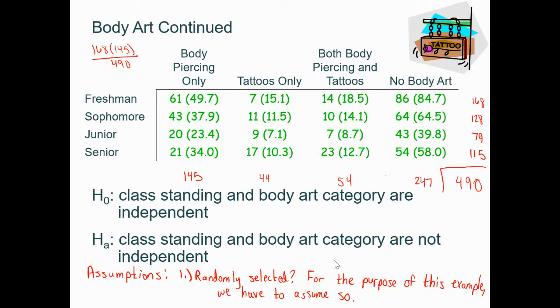Okay, so that assumption is met. We're going to say it is at least. Now the second assumption, are all of our expected counts 5 or more? Yes. Now I'm kind of writing these backwards because I don't have room to write down here. So 2, we can say all expected counts are greater than or equal to 5.